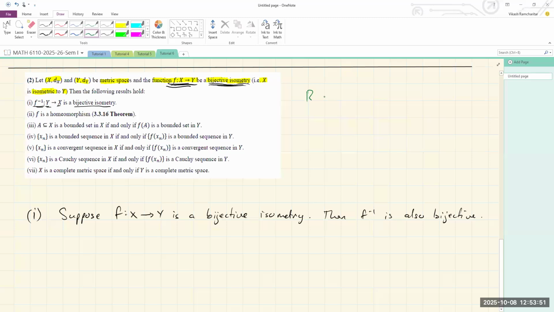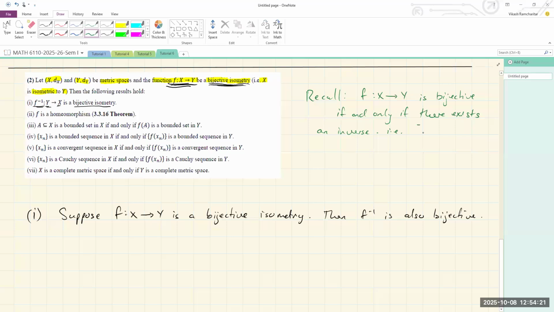Maybe I should write that. Recall a function f from x to y is bijective if and only if it has an inverse. So if and only if there exists an inverse.